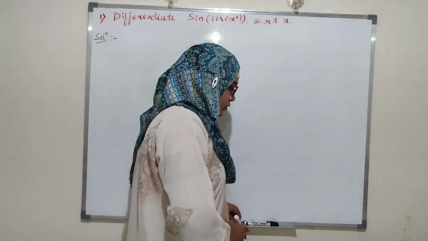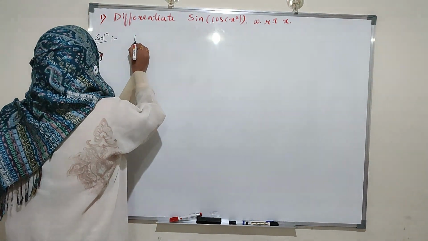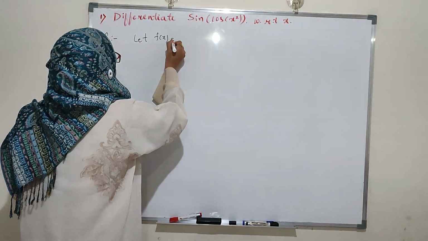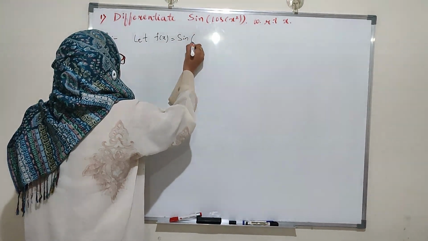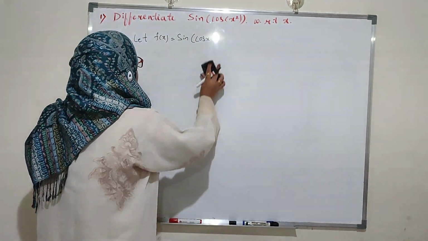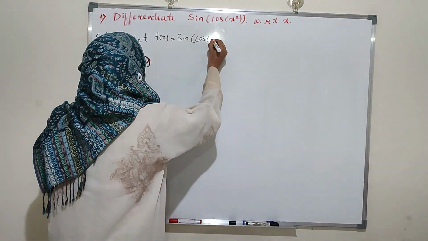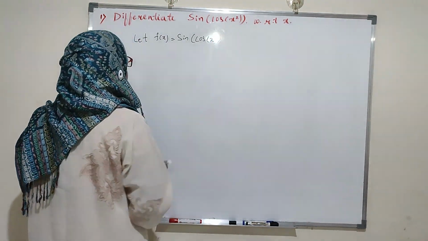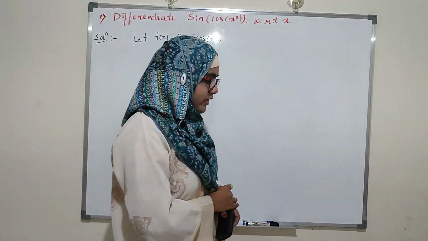Okay, write the solution. Let f of x equal sine of cos of x square. We are considering the given function as f of x.